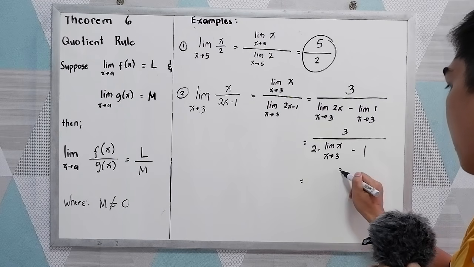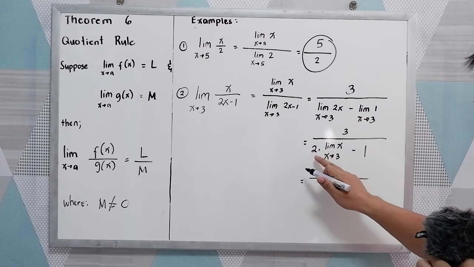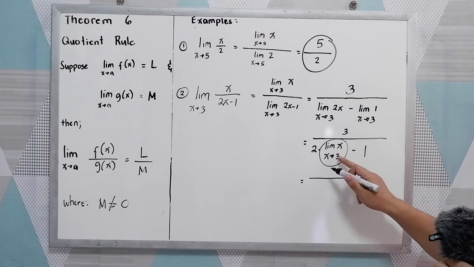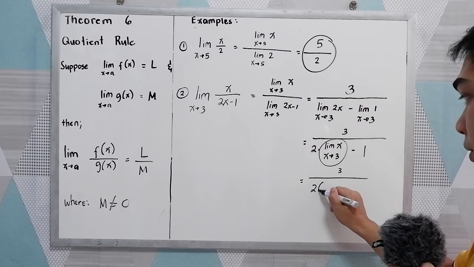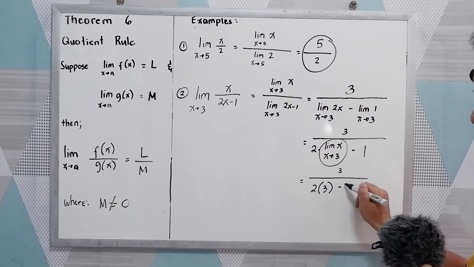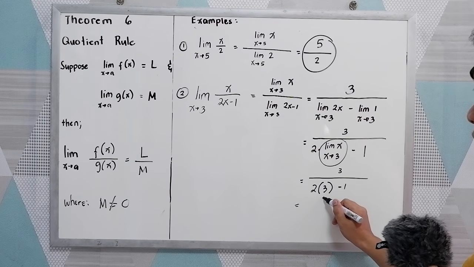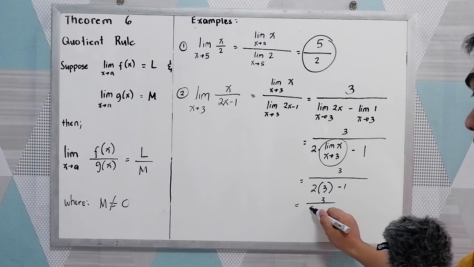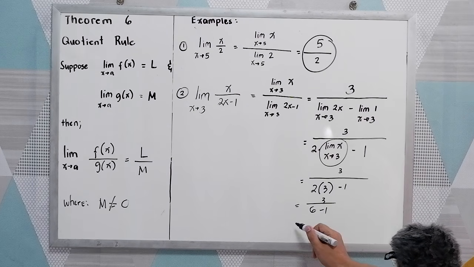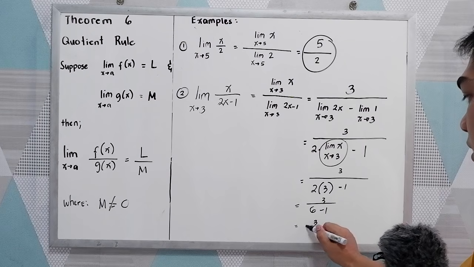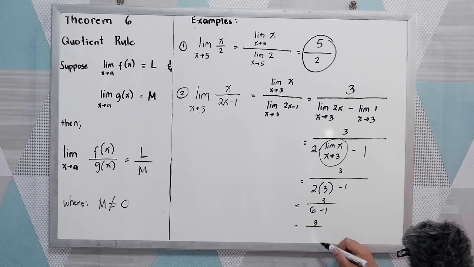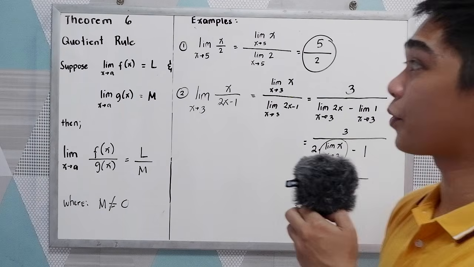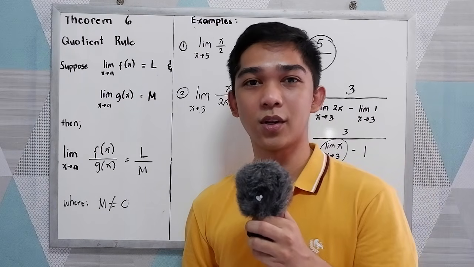Now we have 3 over 2 times, apply theorem number 2, so that is equal to 3 minus 1. So we have 3 over 2 times 3, that is 6 minus 1. So we have 3 over 6 minus 1, that is 5. So that is our theorem number 6, the quotient rule.